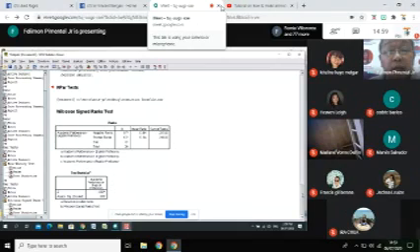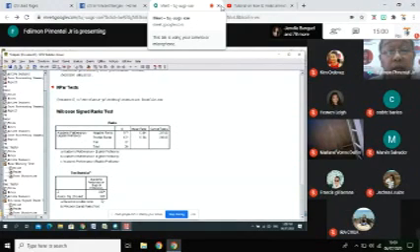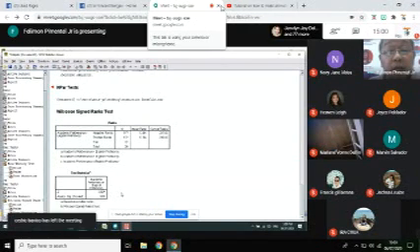Okay, so we have now the z-test. That is the Wilcoxon test, which is negative 0.093. And then the asymptotic significance is 0.926, and that is still greater than 0.05.